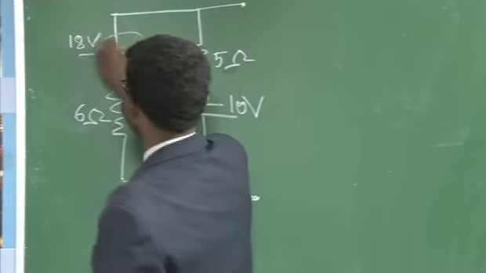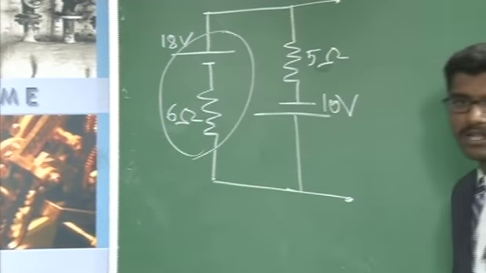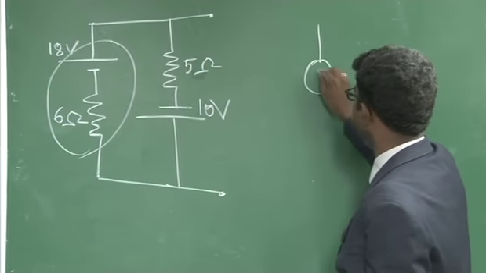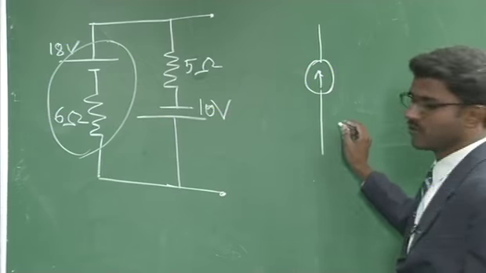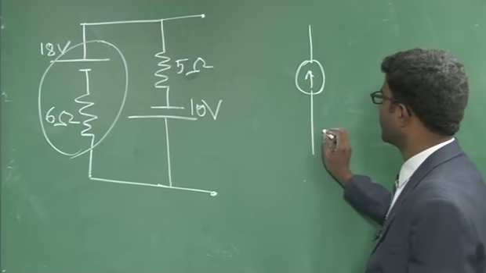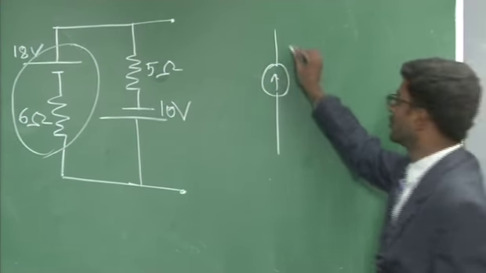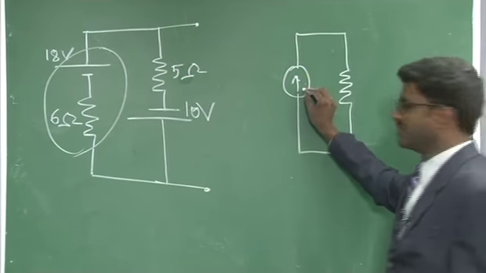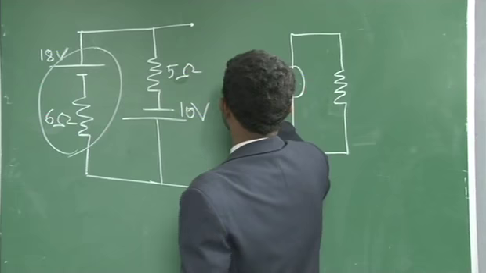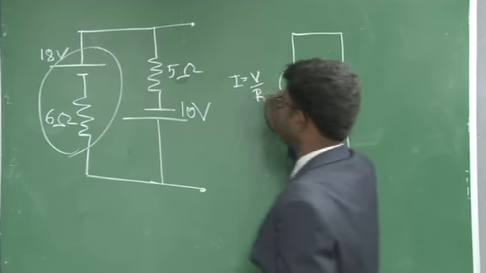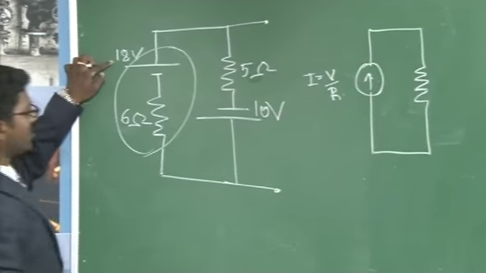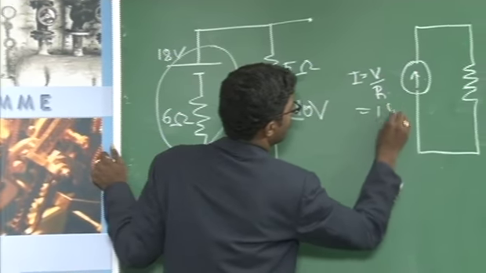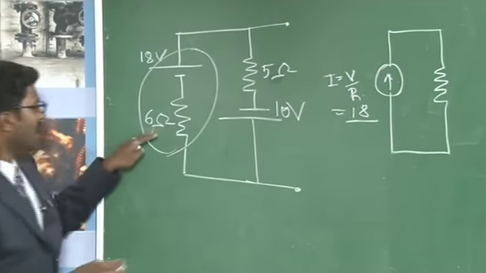First I will be converting this practical voltage source into a current source. How to represent a practical current source? If you are transforming from a voltage source to a current source, it consists of a current source in parallel with a resistance. The magnitude of this current is given by I is equal to V by R. In your question, the voltage is 18, so it will be 18 by the resistance.